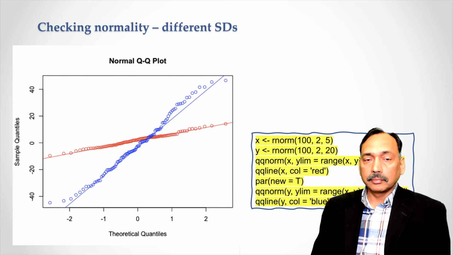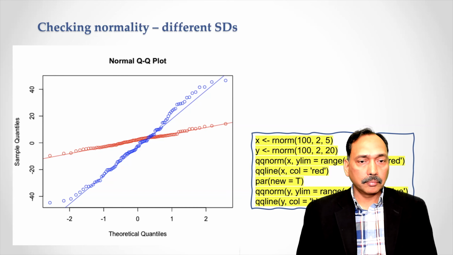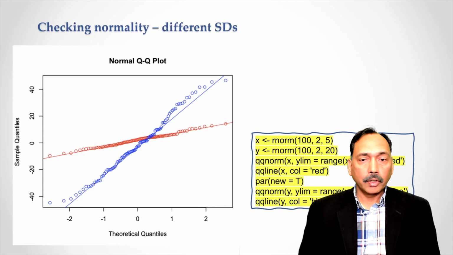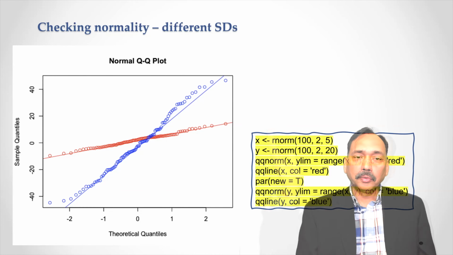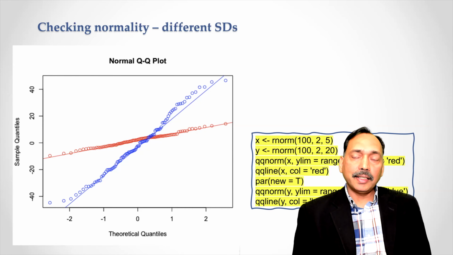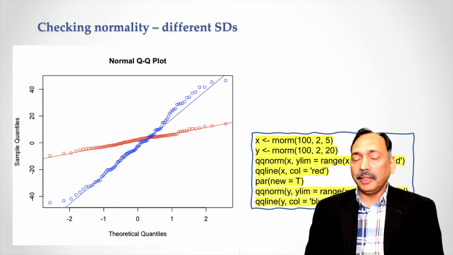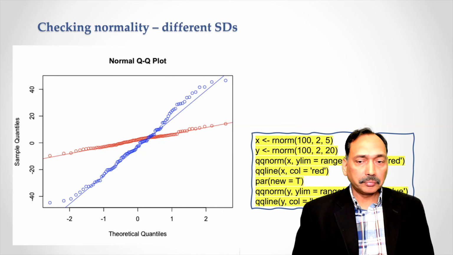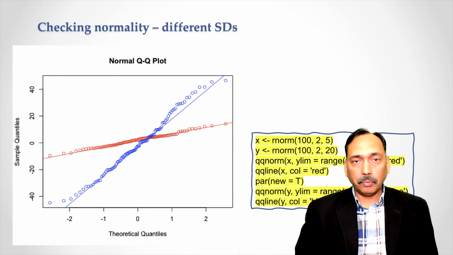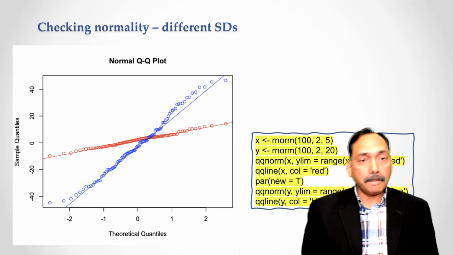Isn't it spread out over the red line would be standard deviation 20 here? I have used blue color here for the second one, Y. So blue color you can see is steeper. So if slope of that line is higher, that means higher variability. And if the slope is lower, that means low variability. So that's how we can identify different standard deviation on a probability plot.